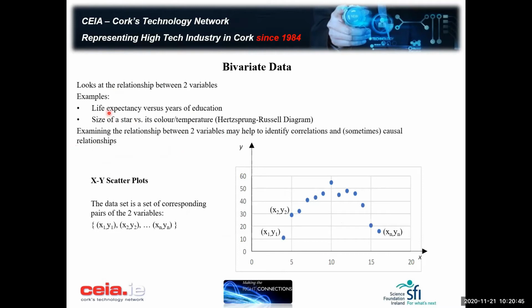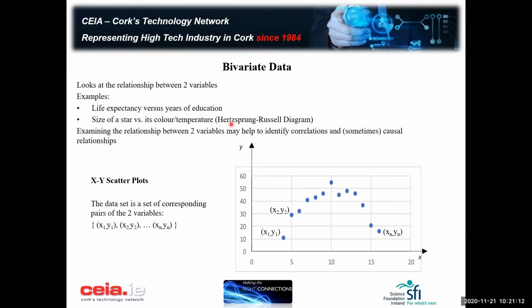Some examples would be you might look at how a person's life expectancy is dependent on the number of years of education they have. Or in astronomy, there is a famous relationship between the color of a star and its size. It's called the Hertzsprung-Russell diagram.